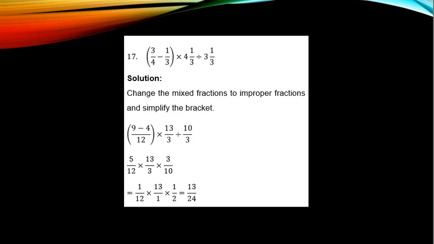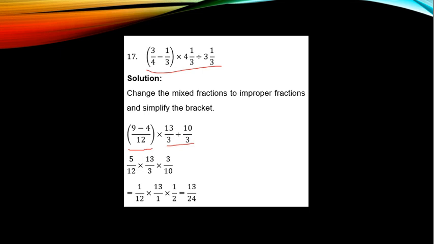Example 17, still on the combined operations. All right, so first let's convert the mixed fractions to improper fractions, and that is this step. As you are doing that, because you must deal with the bracket first, following the order of BODMAS, we have to simplify the fractions in the bracket through addition.